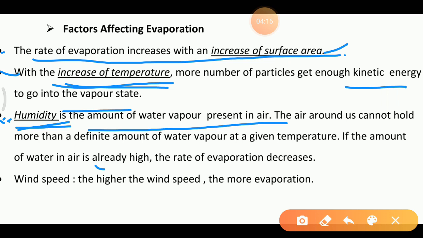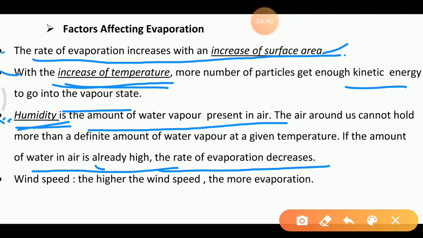It means if the humidity is more, then the rate of evaporation decreases. If humidity is less, then the rate of evaporation increases. During the summers, humidity is less, so the rate of evaporation is more. During the rainy season, humidity is more, so the evaporation is less.